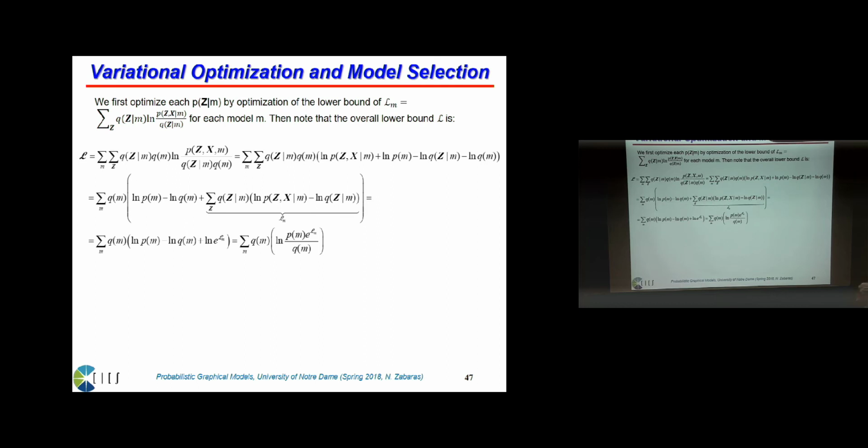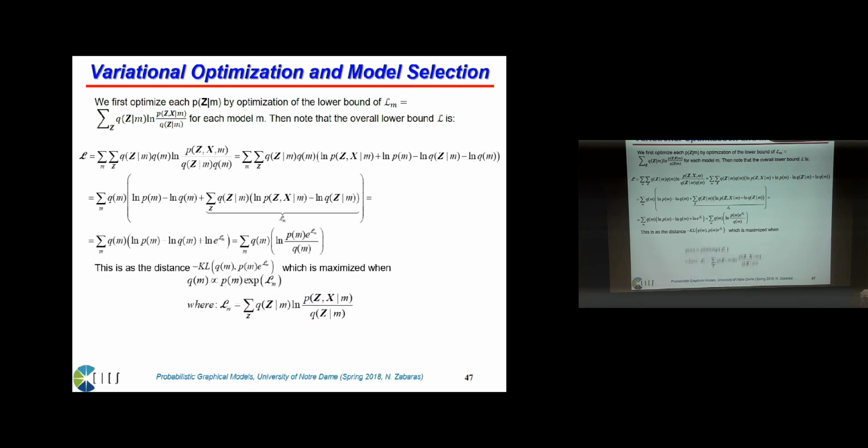All right? So if the overall objective is to maximize the overall lower bound, then you have to minimize this, and we know the exact answer, right? This will be optimized when Q of M is equal to P of M e to the Lm.